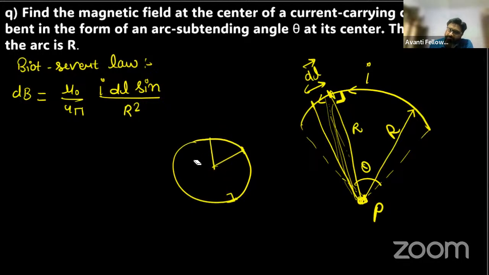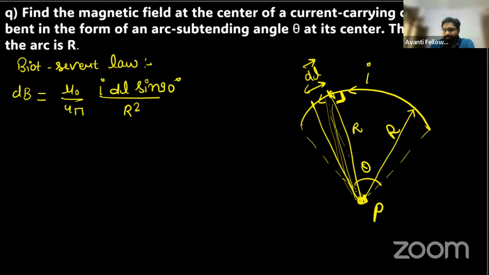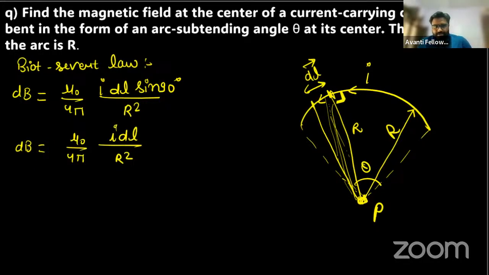You know that, right? So that is why this angle would become 90 degrees. So we have dB equals mu naught upon 4 pi I dl over r square. Now here again we will replace dl. The angle subtended by dl is very small, so the angle subtended would also be very small, which is d theta. Clear?